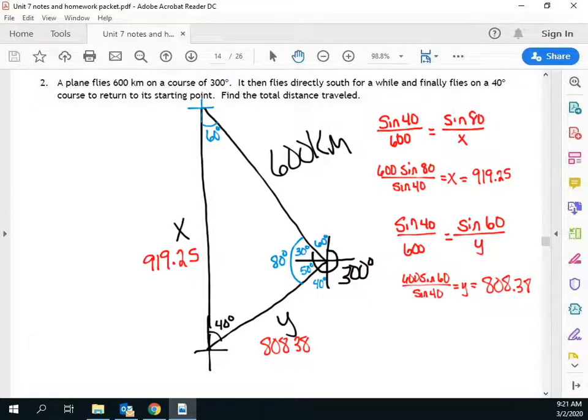And now there's our three sides, all there. So to find the answer, you add them all up.